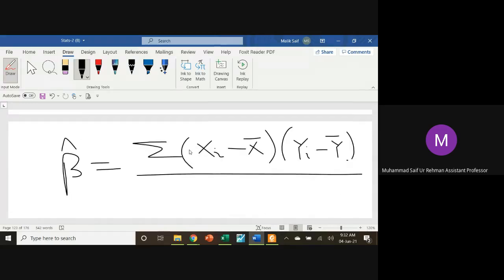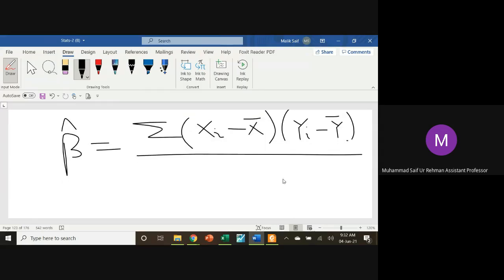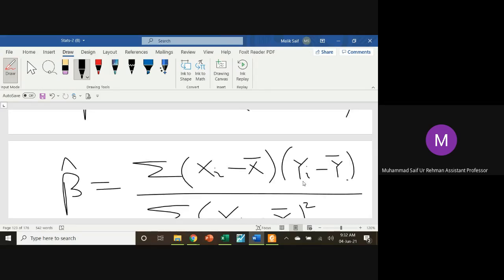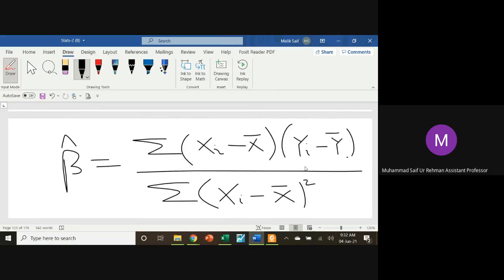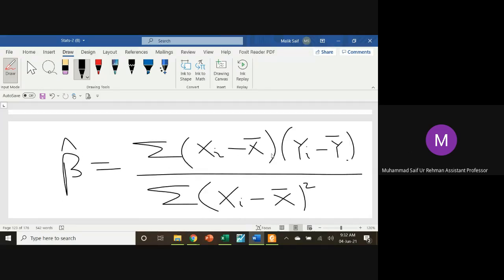When you transform the equation that you obtain in the next course, you will finally have the formula in this form. In the denominator, you will see the term xi minus x bar square. So to get the value for beta hat, you can use this formula, or this formula.